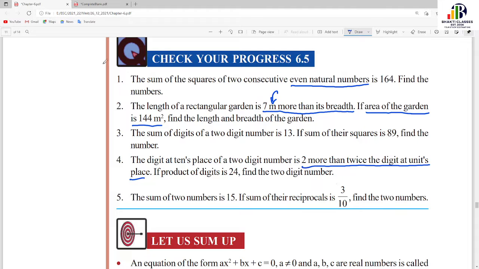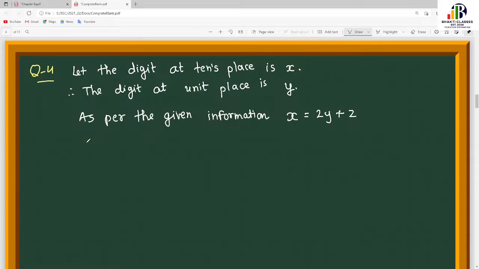Now what they have written: the product of digits is equal to 24. So x multiplied by y is equal to 24.